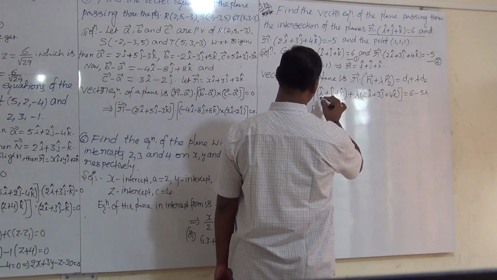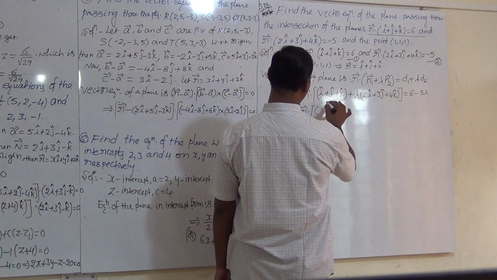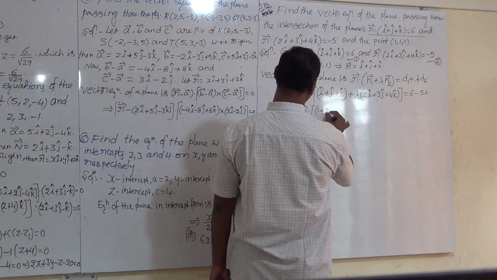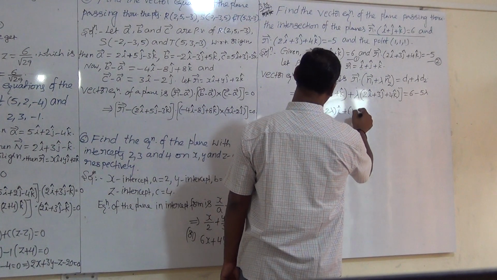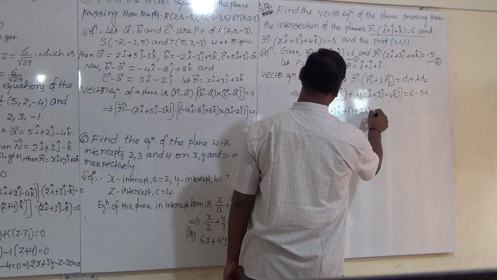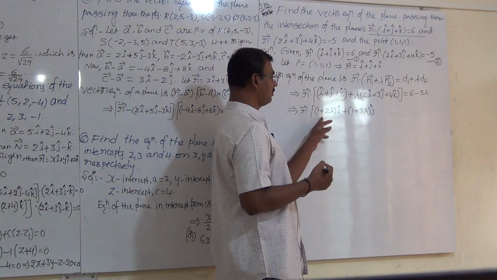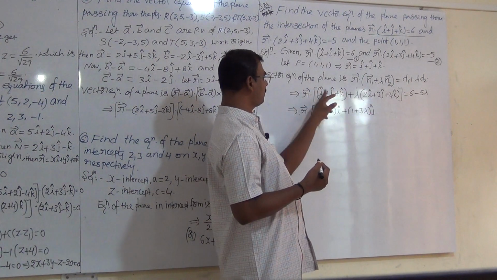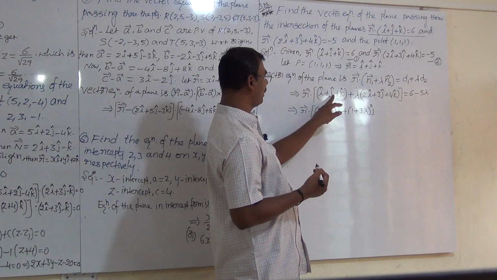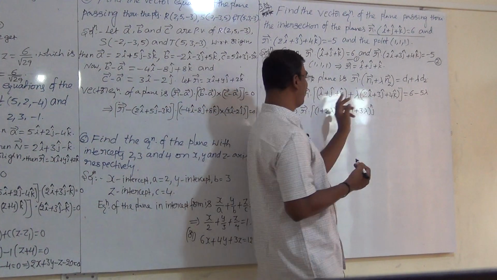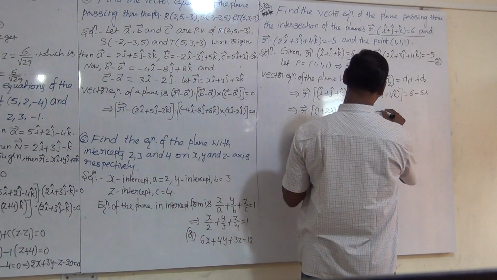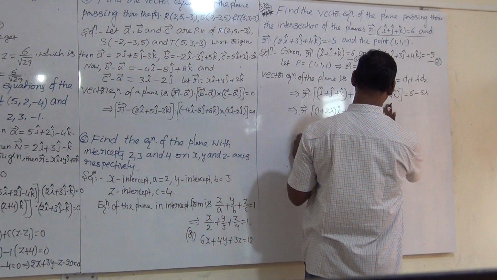So we can arrange here, taking i common: (1 plus 2 lambda) into i, plus (1 plus 3 lambda) into j. Are you following this one? In these two terms, i is taken common; in these two terms, j is taken common; in these two terms, k is taken common.